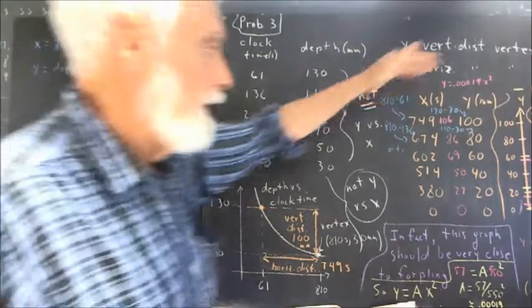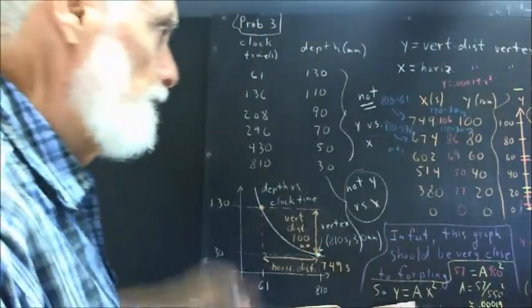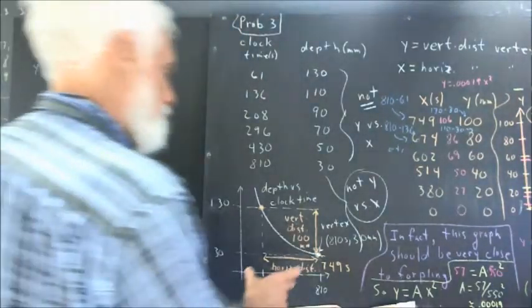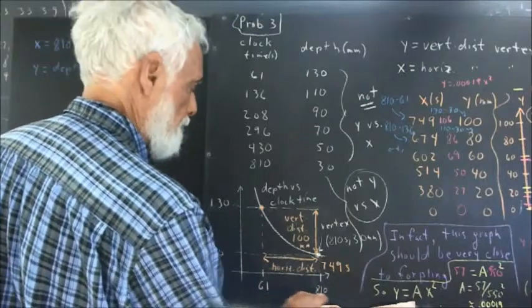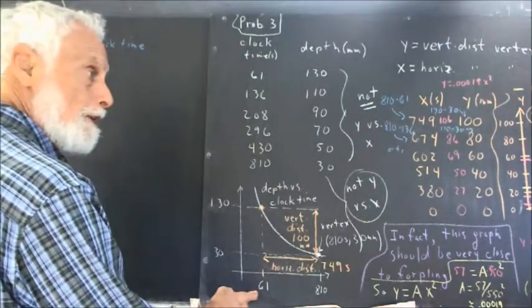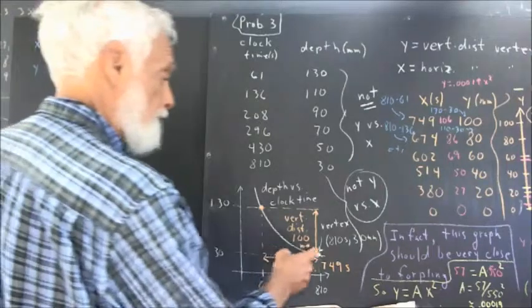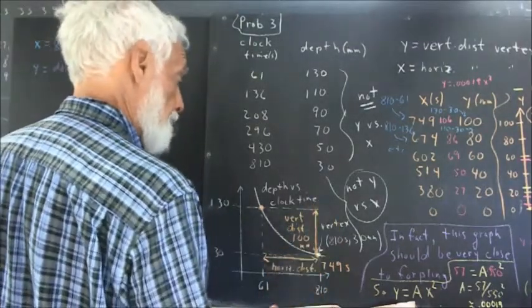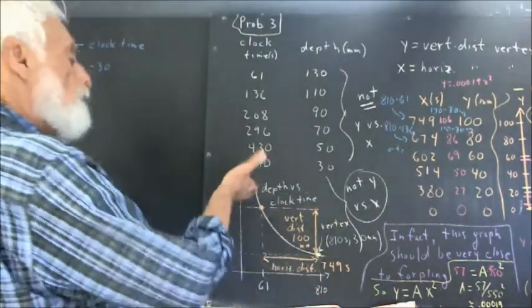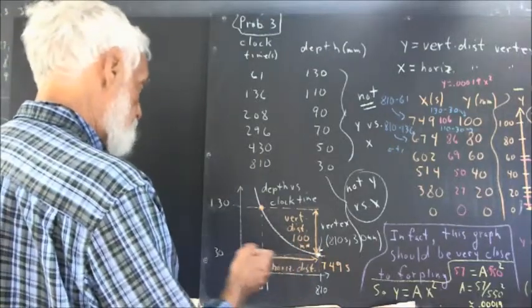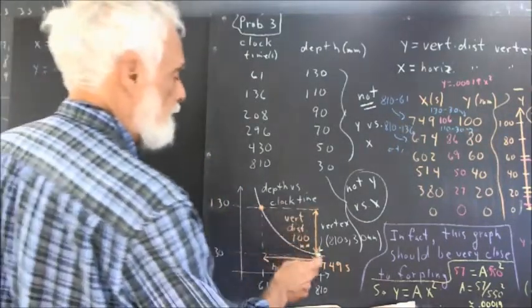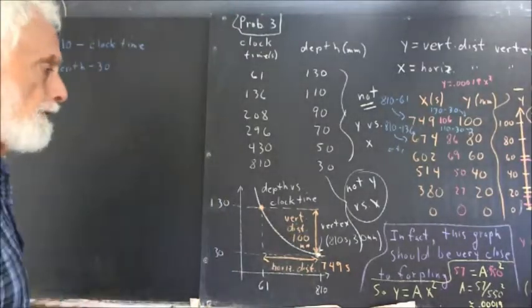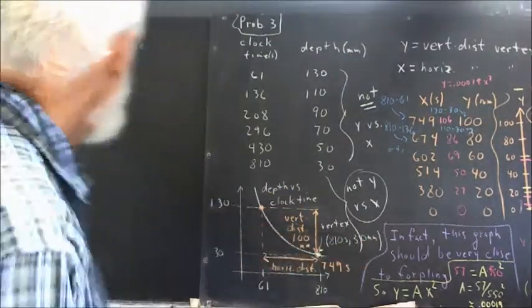Because x and y were defined in terms of distance, and the distance from here to here is going to be 810 minus the coordinate, whereas the distance in the vertical direction, since all the vertical points are higher than the vertex, will be the coordinate minus the vertex, the coordinate minus the 30 millimeters at the vertex.